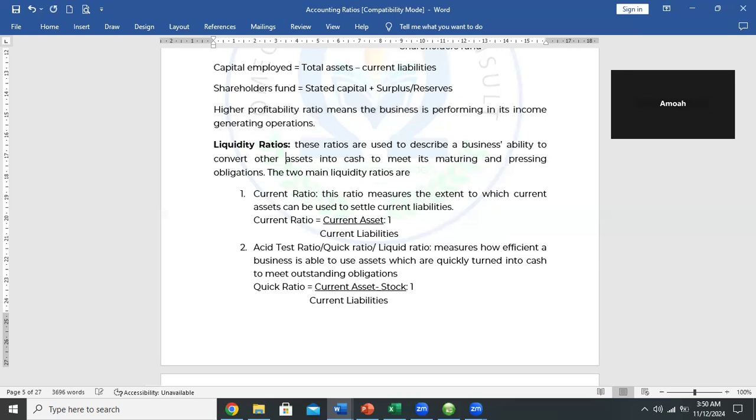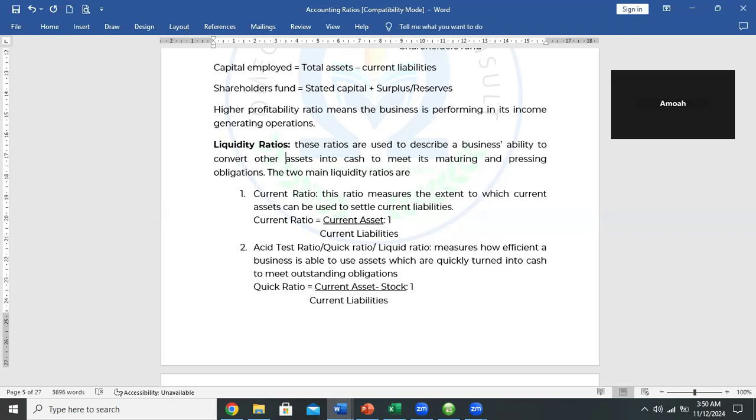The main motive of these ratios is to look at how the business is able to transform other assets into cash to meet its maturing and pressing obligations. So the essence is we want to tell the users that this business is able to generate cash from other assets to settle liabilities.